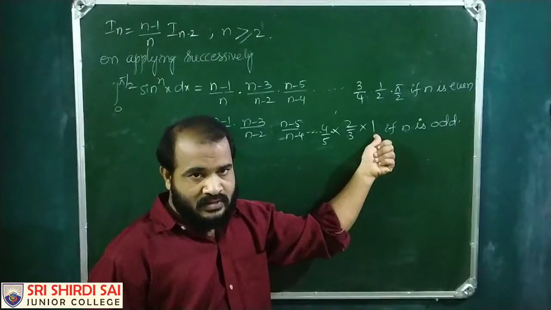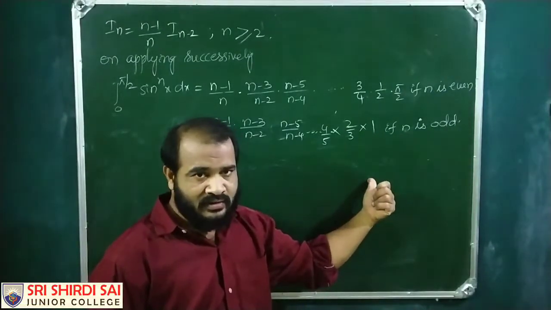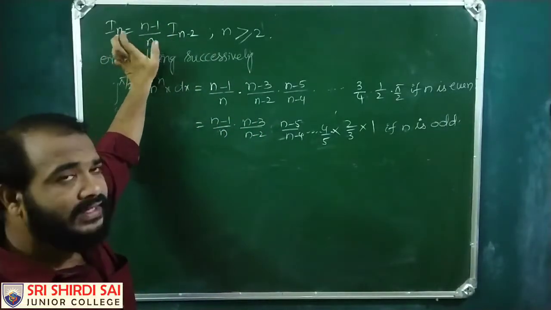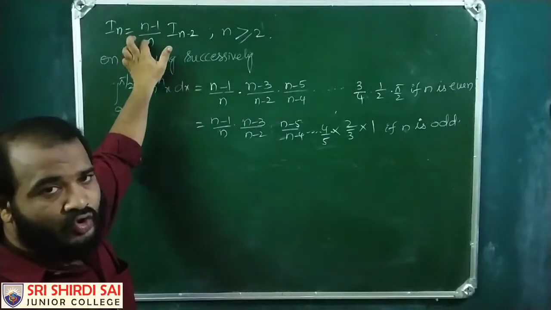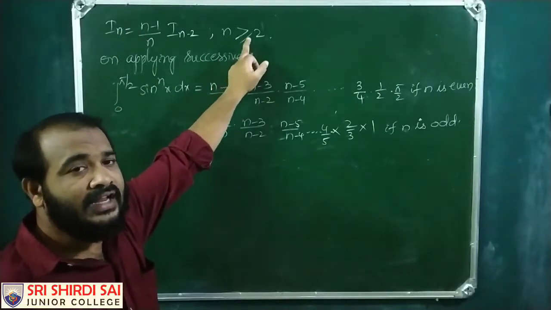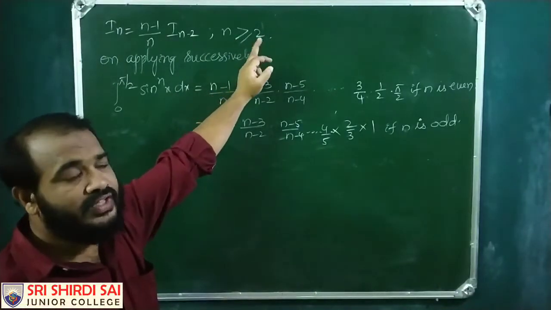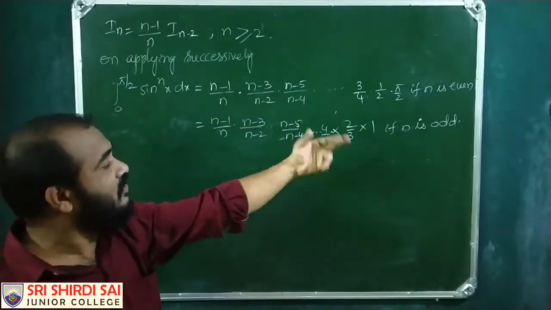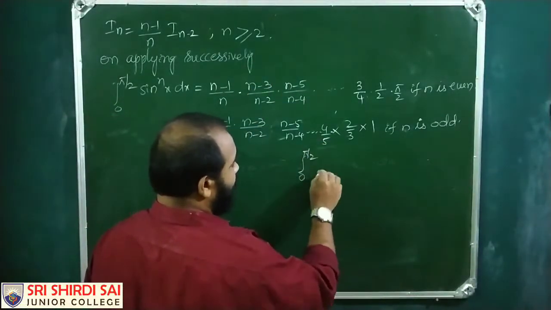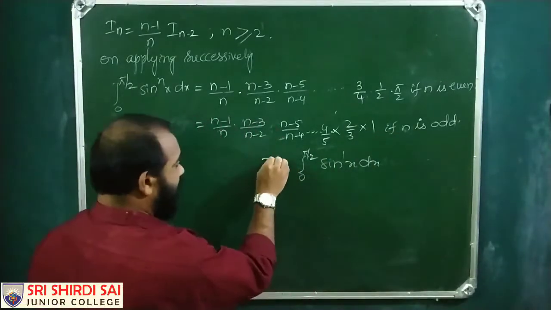So this is the I1 value. I1 means n equals 1. We cannot use the formula for this because it is valid as long as n is greater than or equal to 2, and I1 is something less than 2. So instead we substitute integral 0 to pi by 2 sine power 1 x dx.